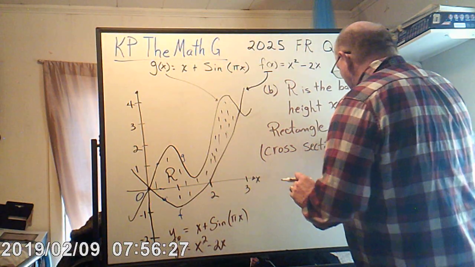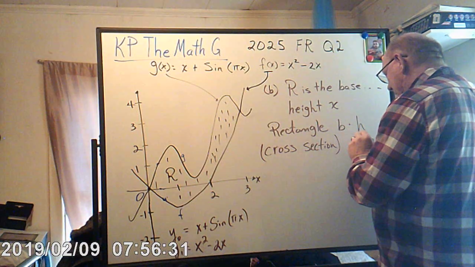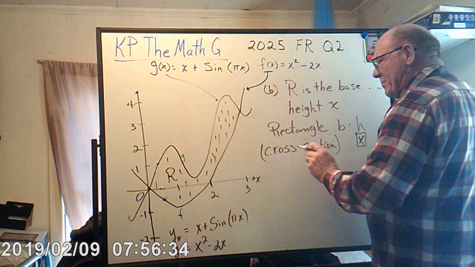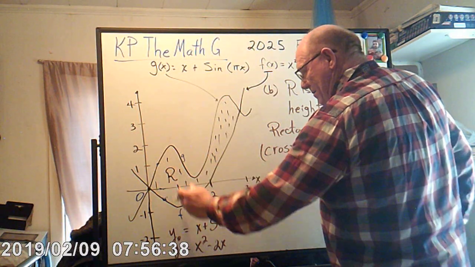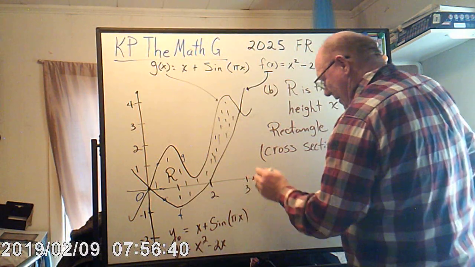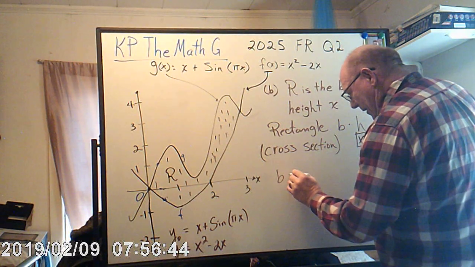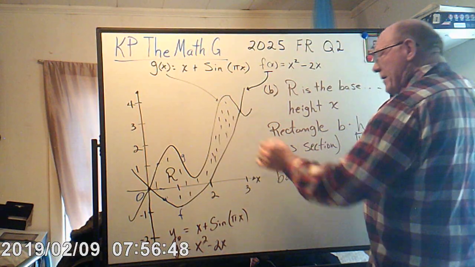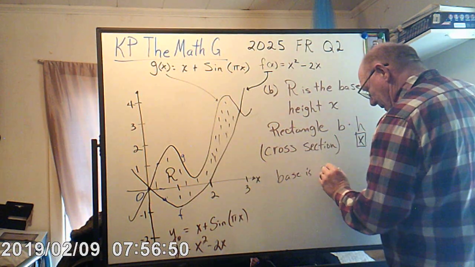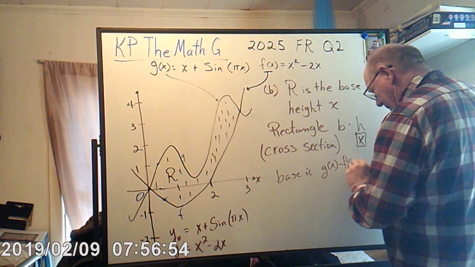But I do know what the base is. I know what the height is. The height is x. And I know what the base is. Well, it's what we just did a while ago in part A. The base is, in this case, g at x minus f at x.